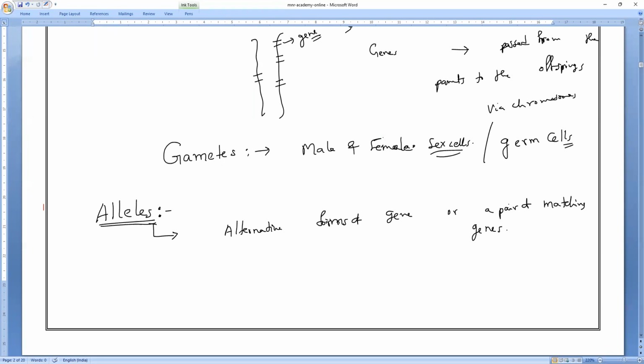For example, take free and attached earlobes. If you notice in our surroundings, even in our family, in entire human beings there are only two kinds of earlobes: free earlobes and attached earlobes. Anywhere in the world there are only these two possibilities.